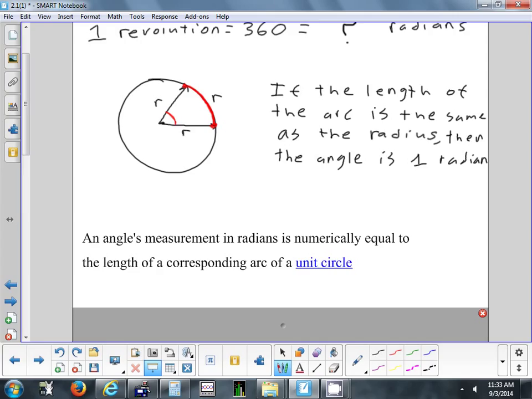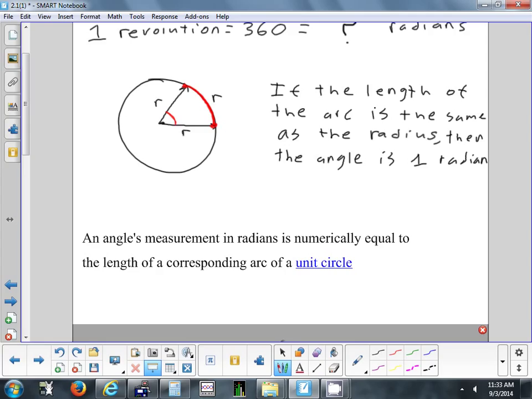But that only happens on a unit circle. Does anybody know what a unit circle is? It has to do with how big it is. Anybody know what number the word unit is connected with? 1. Okay? A unit circle has a radius of 1.